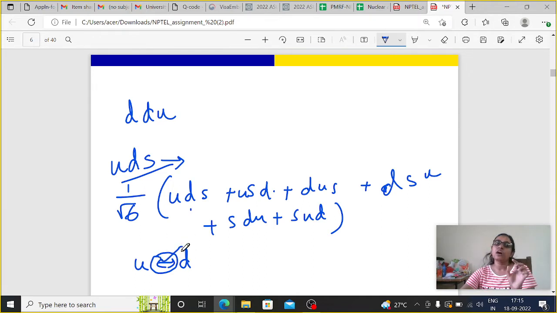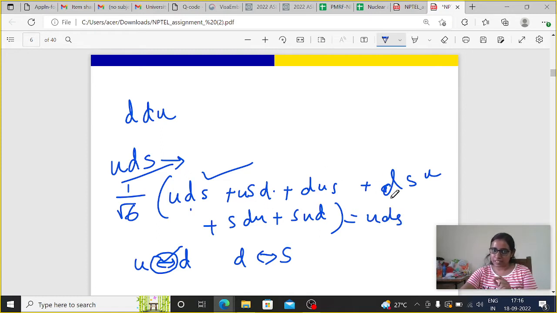That means U will be replaced by D, simultaneously D will be replaced by U. And the second condition is that D will be replaced by S. These two conditions I will apply in this expression. Then if you write each and every term carefully, it will come as the same thing.